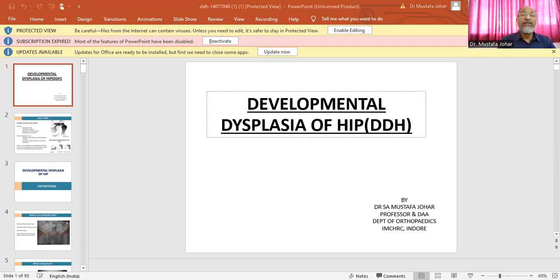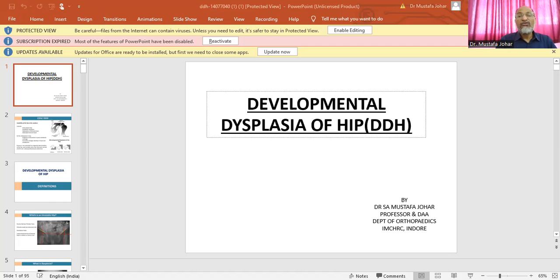Then you have certain tests which speak of the dislocation at the time of examination, maybe in the immediate neonatal, immediate post-labor period, or after some time. And in these, there are two tests, which are called the positive Barlow's test or Ortolani test.